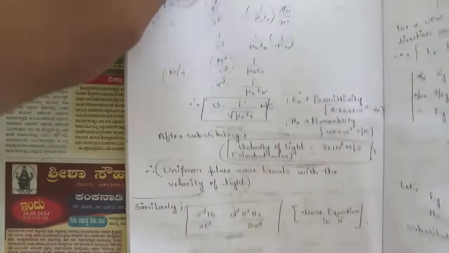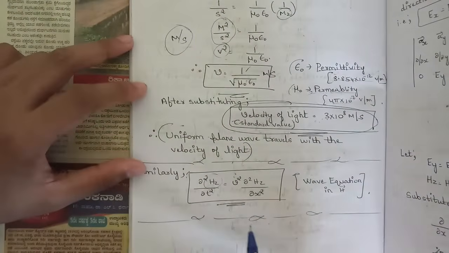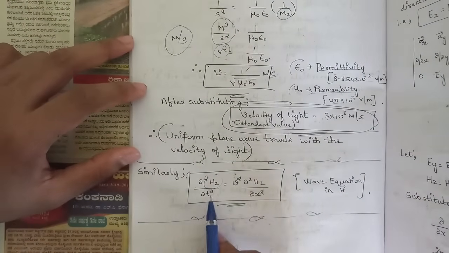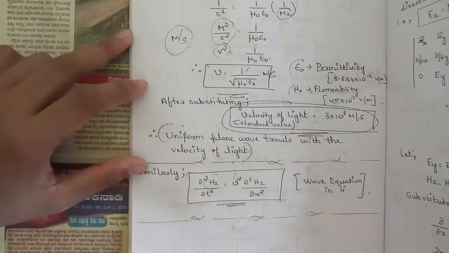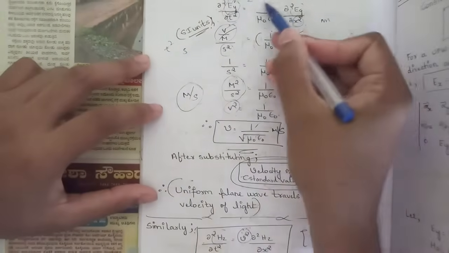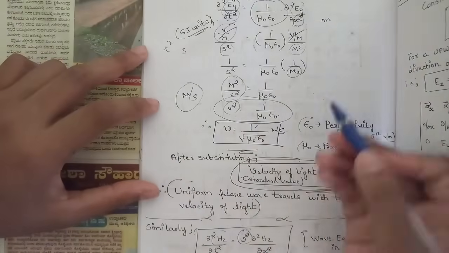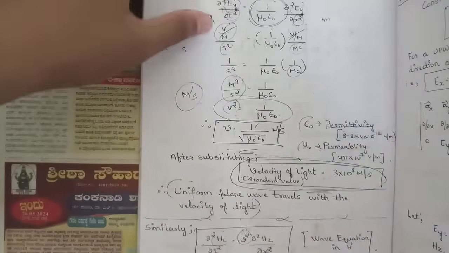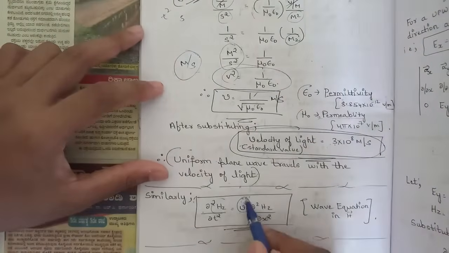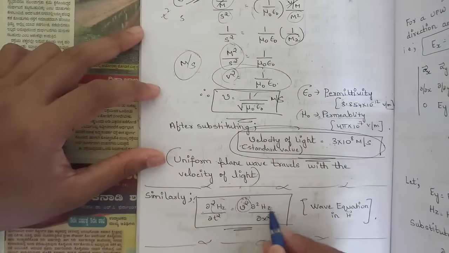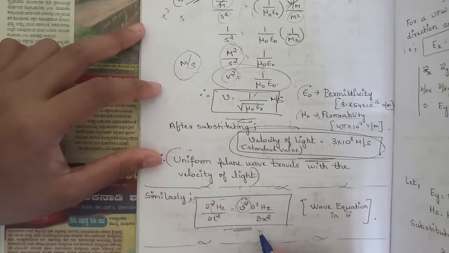Similarly, we can replace Ey by Hz, the magnetic field: ∂²Hz/∂t² equals v² ∂²Hz/∂x², where v² equals 1/(μ₀ε₀), which I have derived here dimensionally. So when replacing the electric field by the magnetic field, in place of 1/(μ₀ε₀) write v², and in place of Ey write Hz, divided by ∂x².